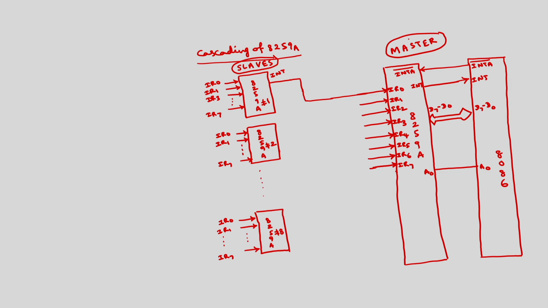And the INT of master is connected to 8086. So the INT of this one is connected to IR1, and so on up to the INT of the 8th 8259 will be connected to IR7 of master.